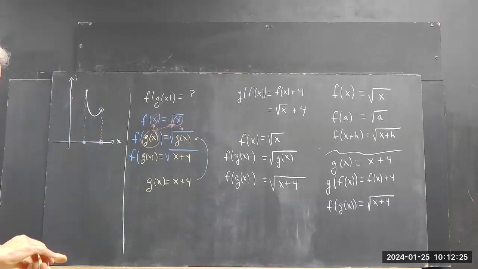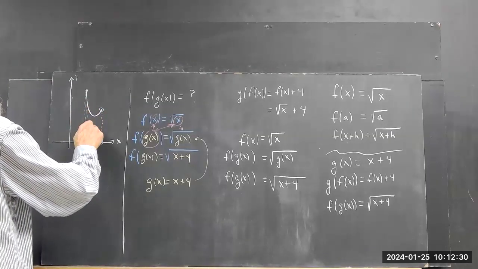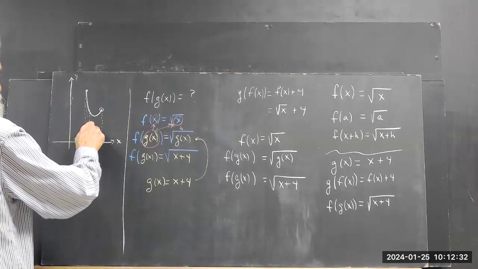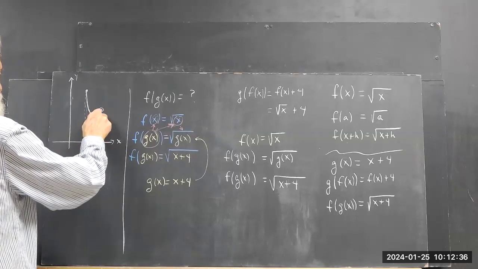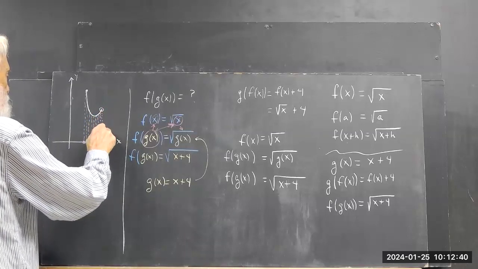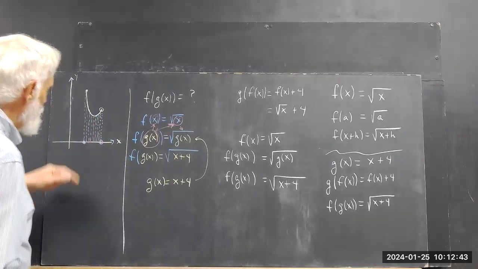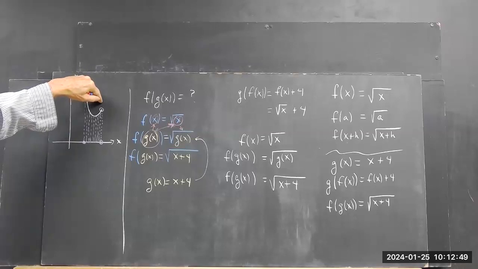So if we look at the x values of all the points, and I can't draw them all, but I drew a bunch of them, we can pretty clearly see all the x values that give us points in this graph.